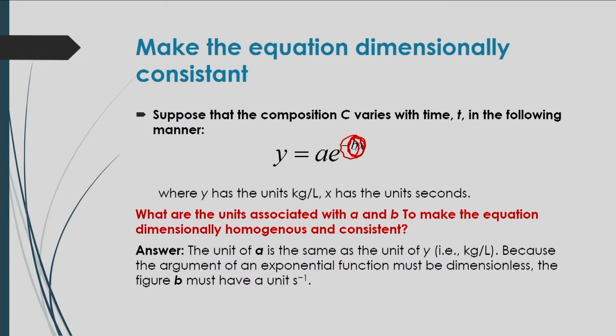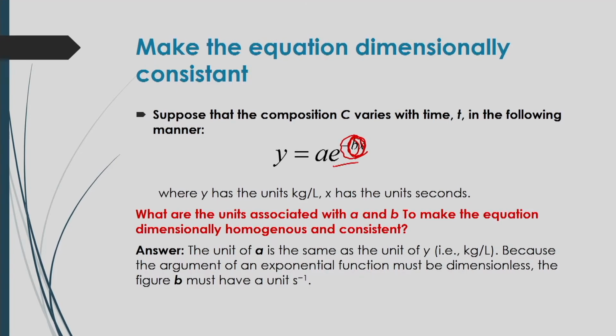The dimensions of b should be such that they are nullified after multiplying b and t. You know that the dimension of time is second, so the dimension of b should be 1 by second. Then second into 1 by second is nullified and converted into 1. In that way the exponent should be dimensionless.